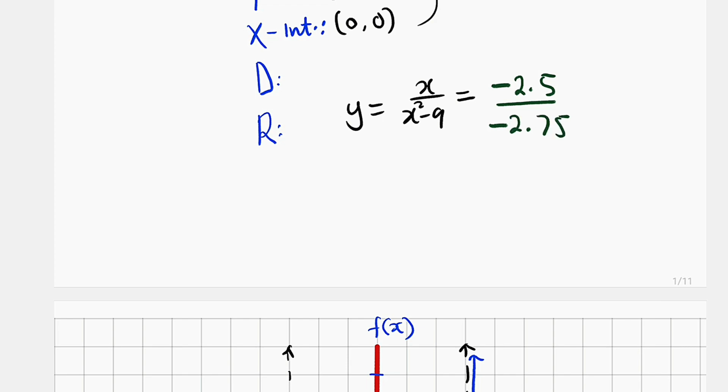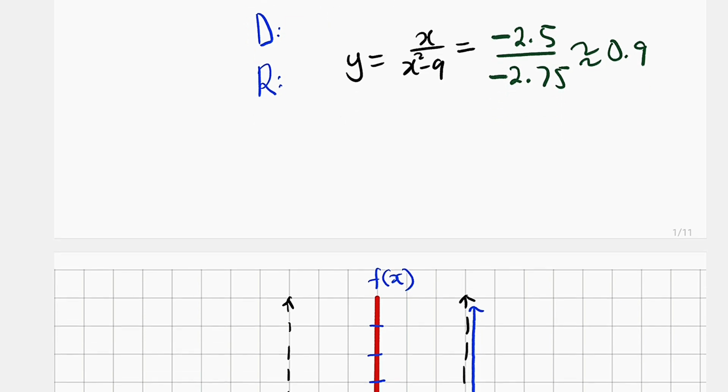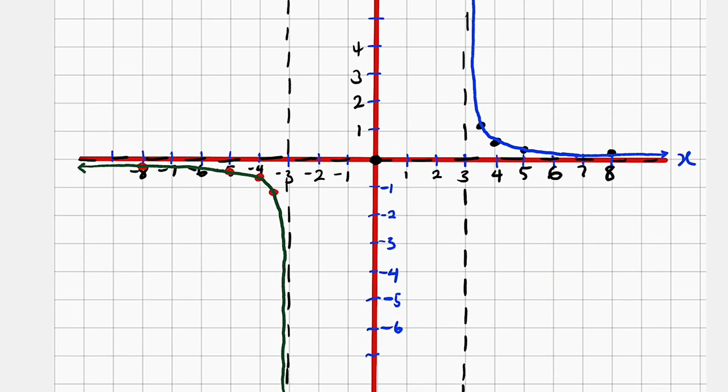And 2.5 divided by 2.75 is approximately 0.9. So when x is -2.5, y is going to be 0.9. And 0.9 is somewhere here.